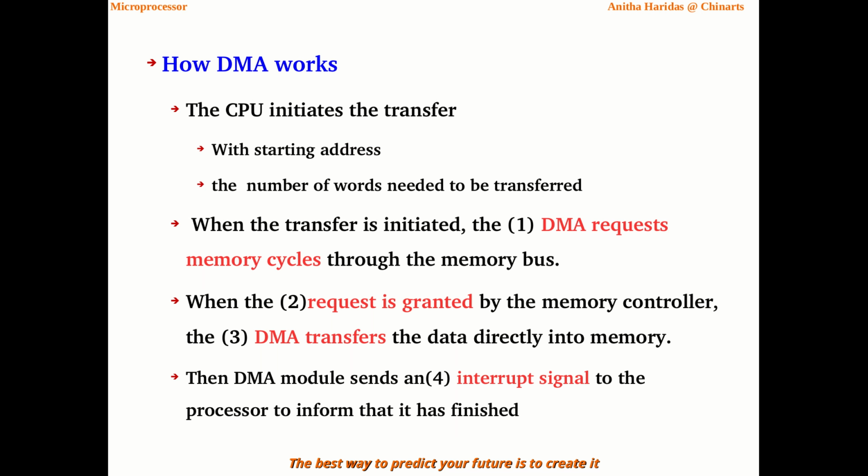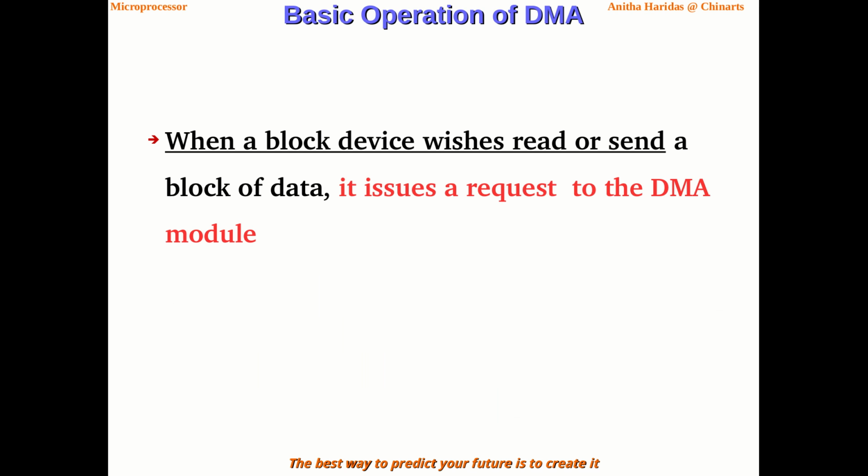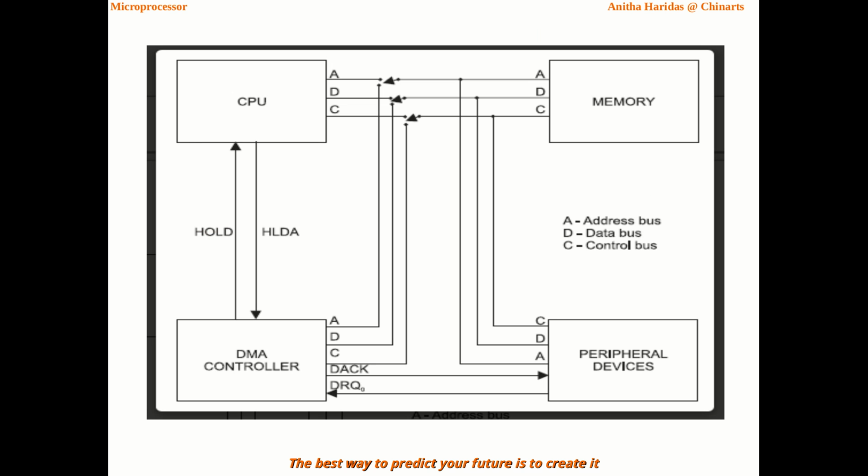Then we discussed how DMA works. Whenever a block device wishes to read or send a block of data, the device issues a request to the DMA module. We have seen a diagrammatic representation like this.